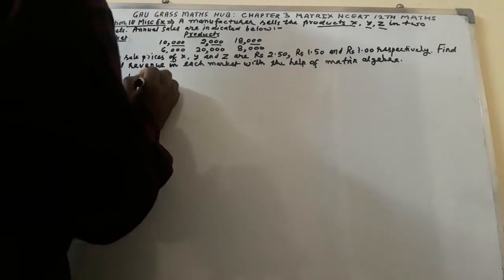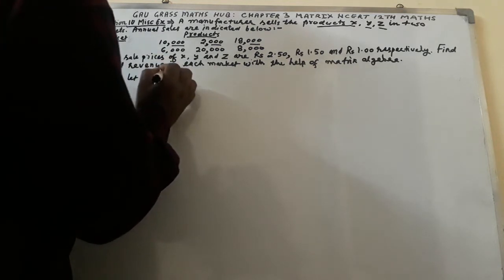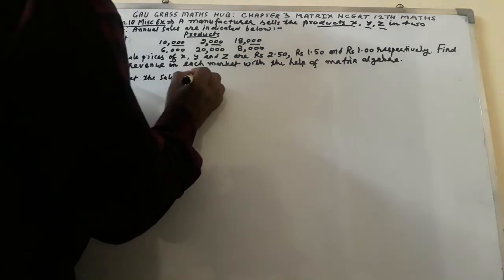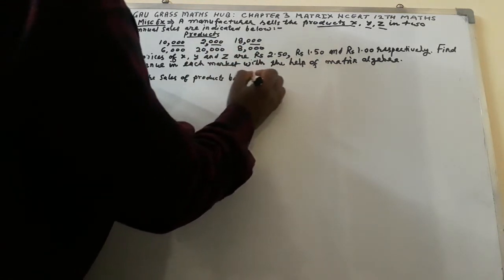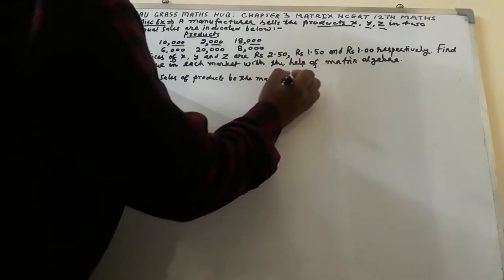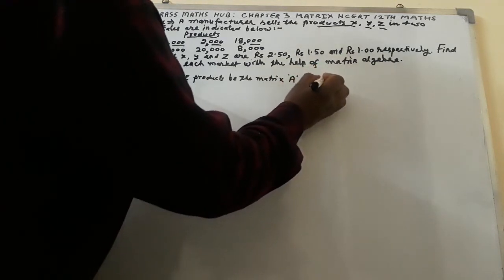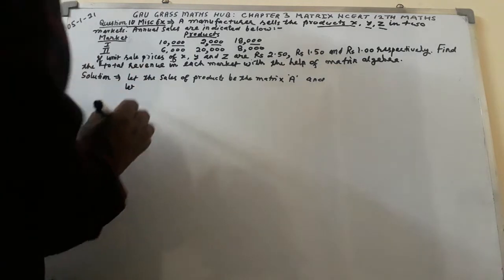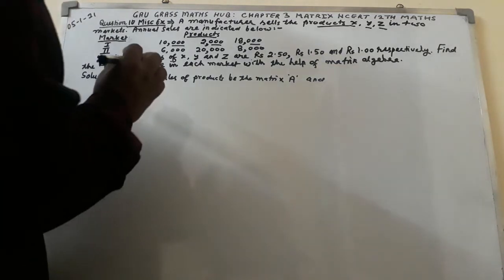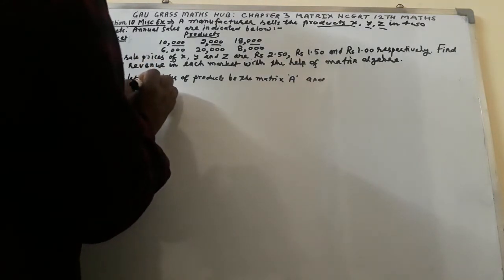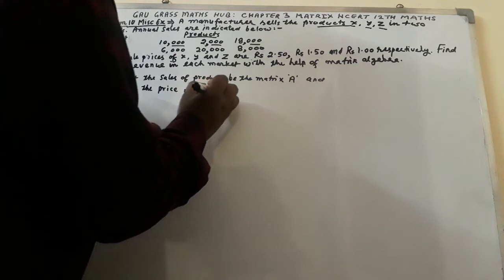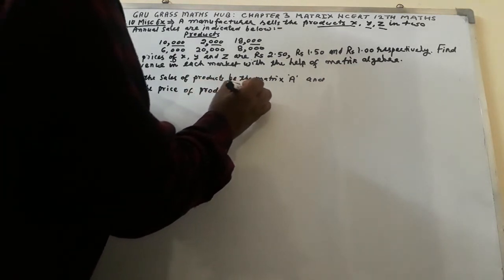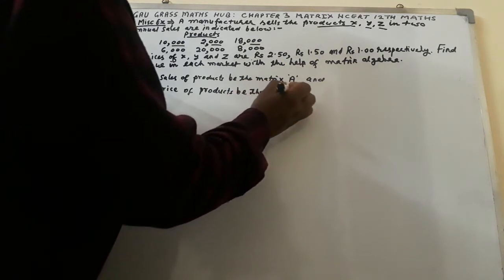Let the sales of products be the matrix A, and let the price of the products be the matrix B.